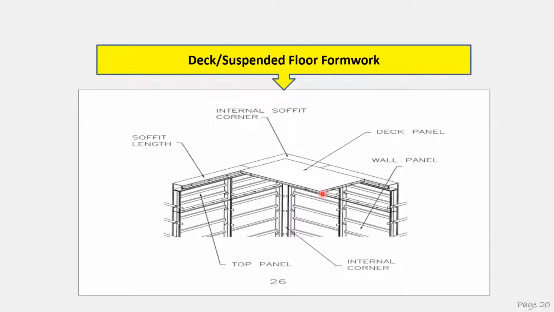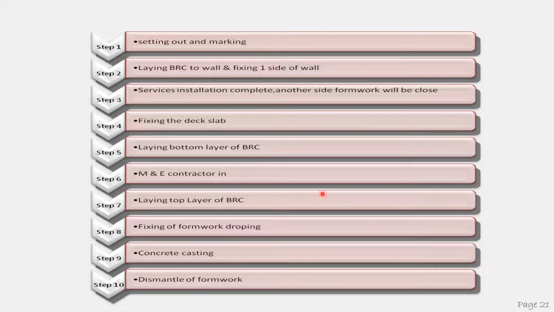Okay, so this is a suspended formwork system, and this is the process of formwork. First step, you need to do setting out and marking, lay BRC for the wall and fix the wall. Then installation of services and fixing the deck slab, laying of BRC, installing M&E, and laying the top layer of BRC.